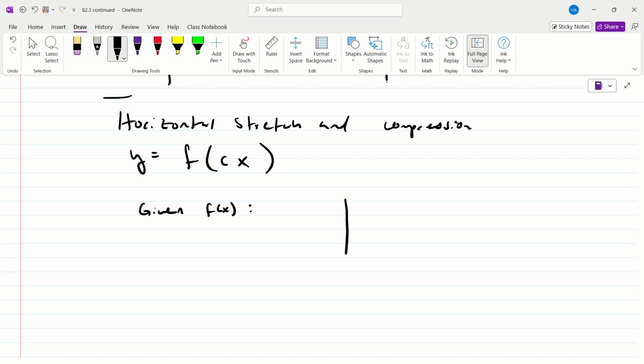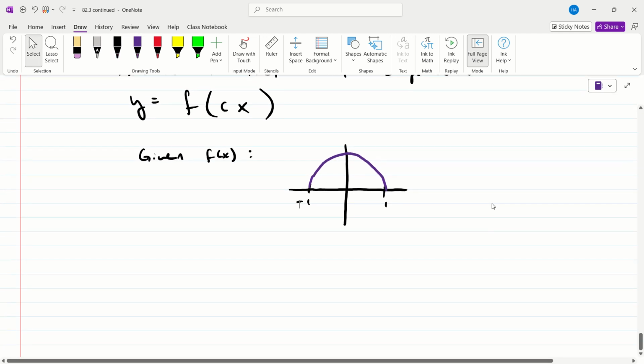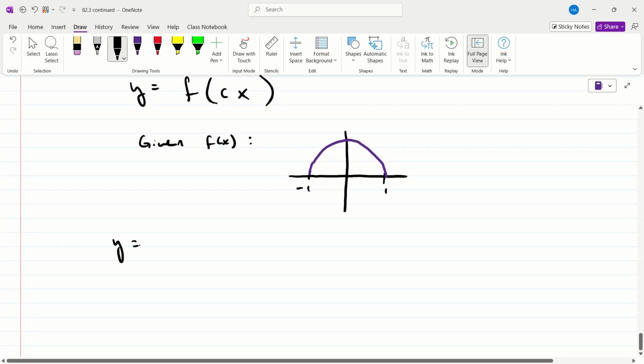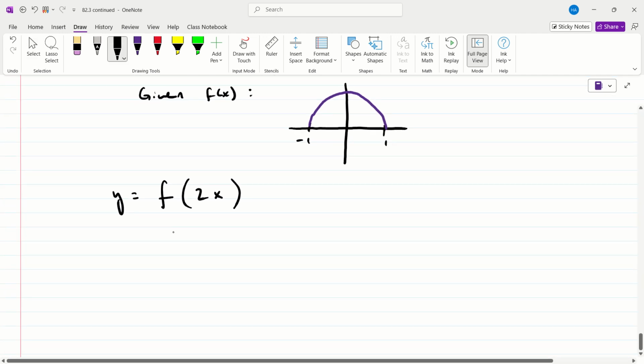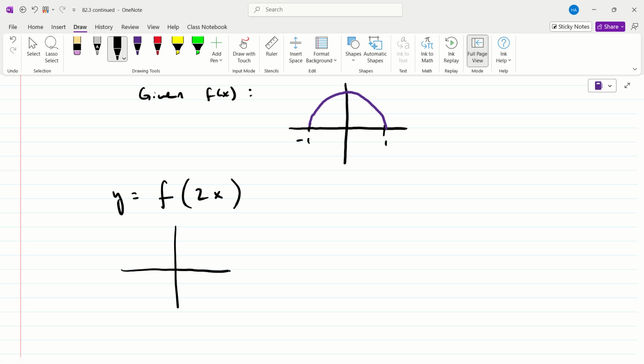So let's say I give you the graph of f of x to look like a half circle of radius 1. So the graph of f of x looks like this. If you were to take that function and replace the argument with a 2x, this is going to correspond to a horizontal compression.